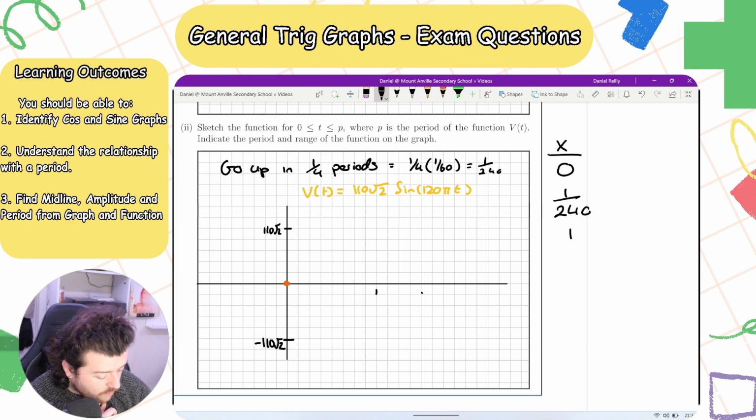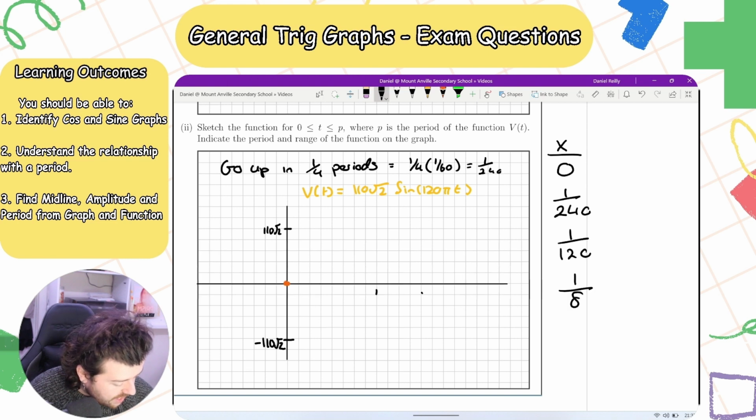Add on 1 over 240, that's going to be 1 over 120. Then add on another 1 over 240, so I'm not adding 1 over 120. 1 over 120 plus 1 over 240 is equal to 1 over 80. And finally, if you add one more 1 over 240, you should get 1 over 60.